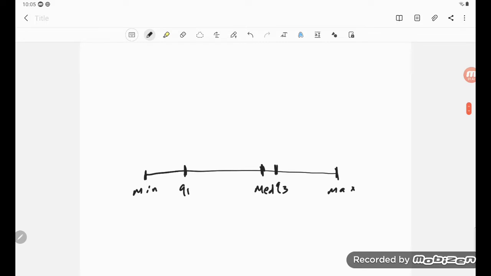And now what we know is that each of these, we have 25% of the data there, 25% there, 25% there, and 25% there, which means that as a histogram, relative frequency diagram kind of thing, each of these four different segments needs to have a rectangle all with the same area.